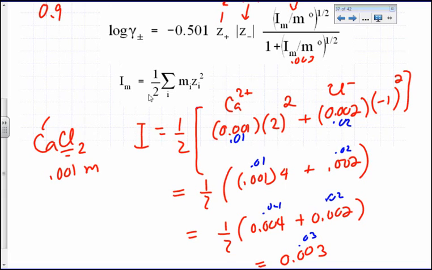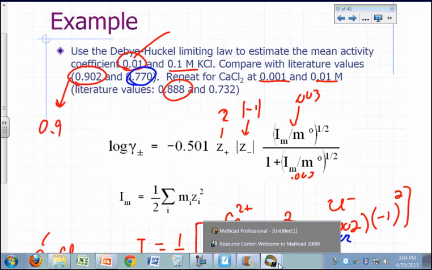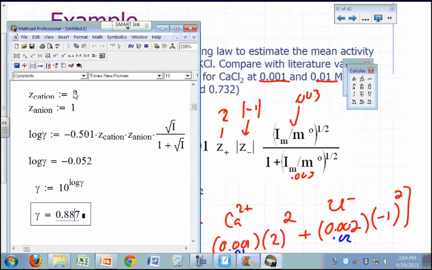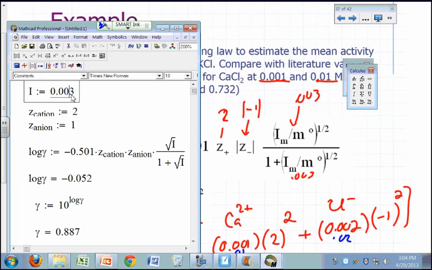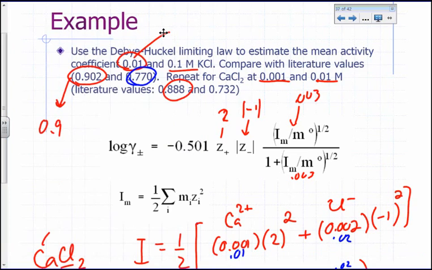So let's change our ionic strength to 0.03, and you can see that it's 0.711. Compare that with the literature value of 0.732, and this is 0.887. So you can see there's now a significant error, even at a fairly dilute 0.01 molar solution.